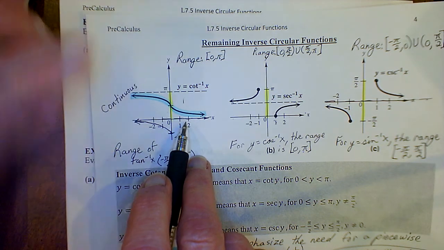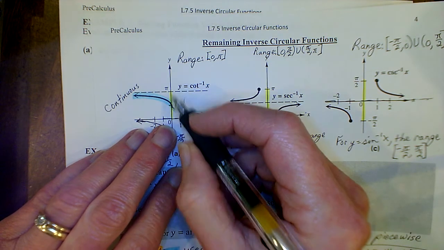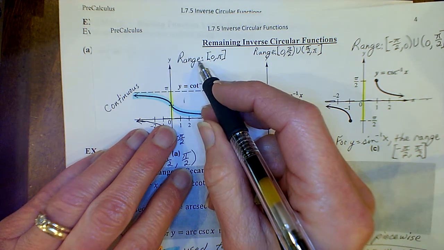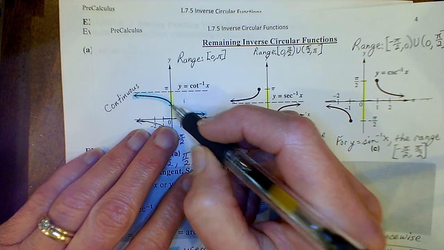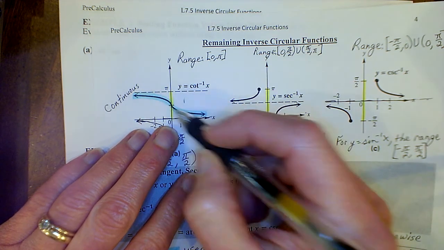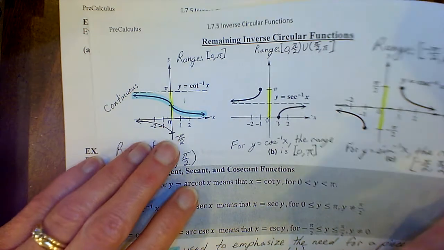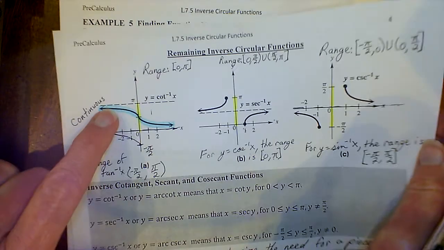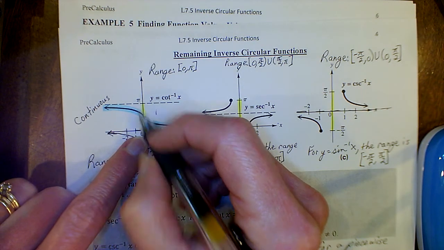So by choosing to use a different range for the inverse cotangent than what we have for the inverse tangent, we do not have to break up the function. We can let it be continuous over both the domain and the range, by choosing to change the range to 0 to pi.